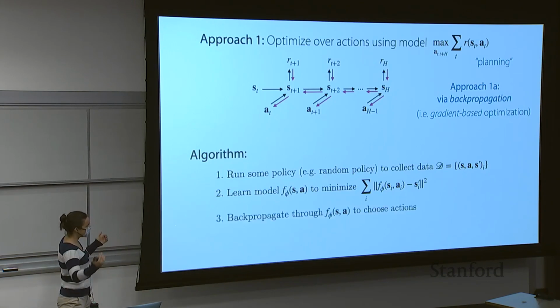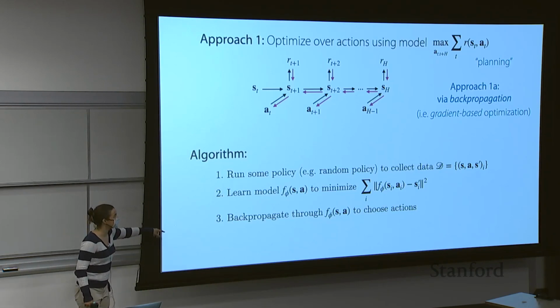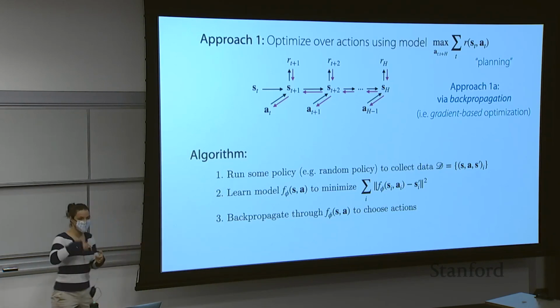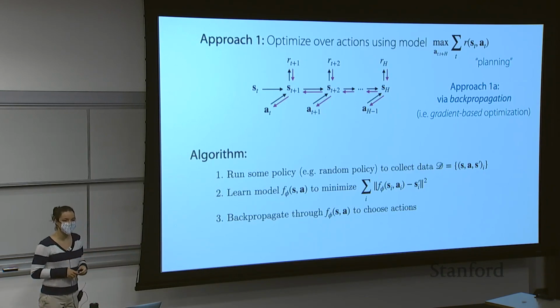And then we'll backpropagate from the reward through the model into the actions to choose actions. And this last step here will essentially pick an initial set of actions that are sampled randomly, and then run gradient descent by iteratively computing the gradient of the reward with respect to the action, applying that gradient to the action, and then repeating.